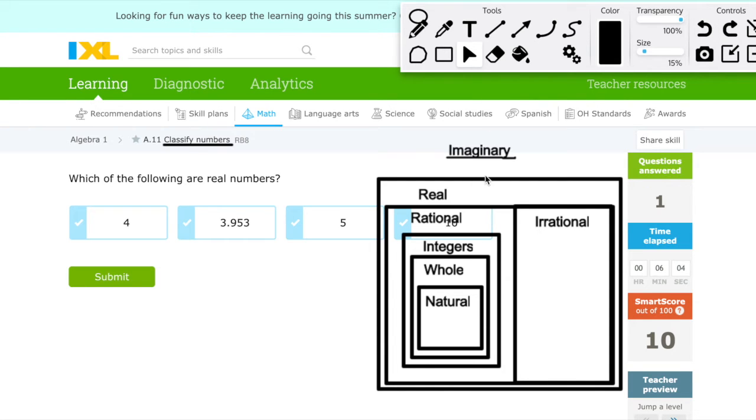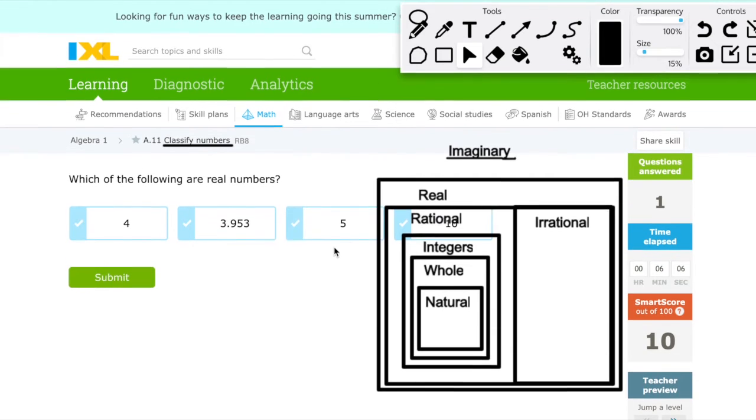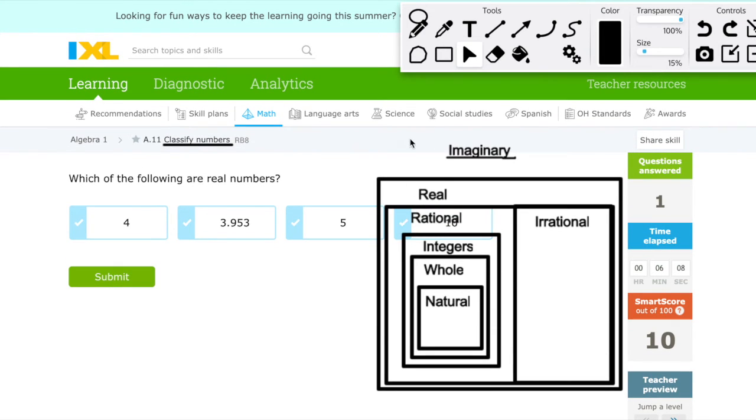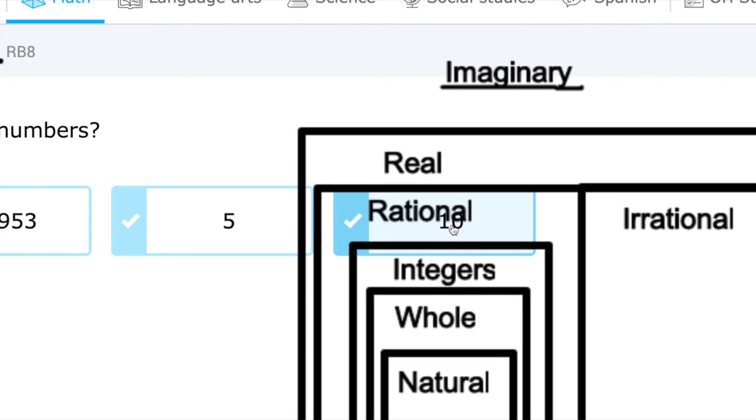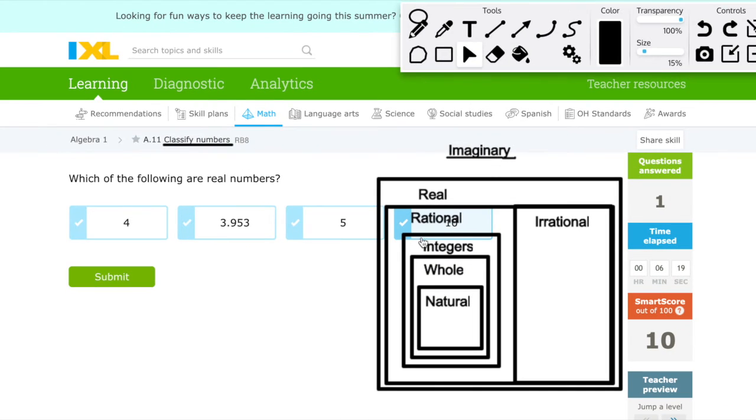Which of the following are, all my drawings are in the way here. Which of the following are real numbers? That's a 10 in case you can see that through there. Might have to get rid of this in a minute, but we'll see. So real numbers, we said that's everything that we know right now.